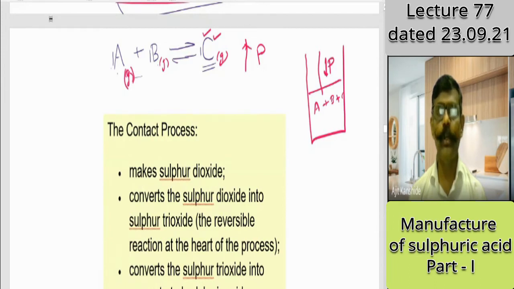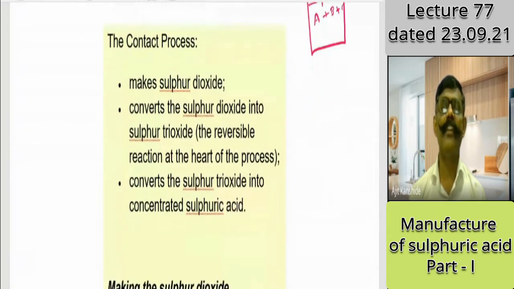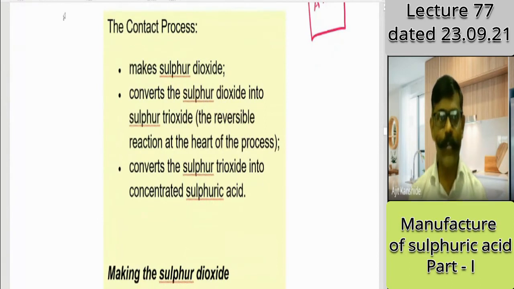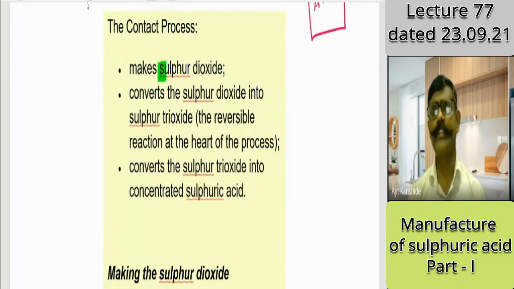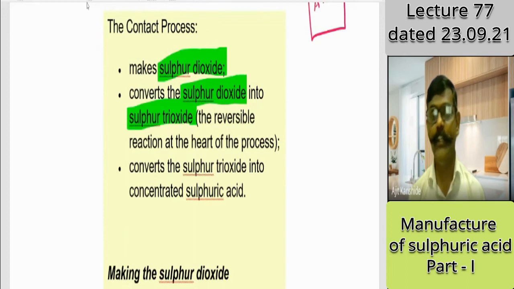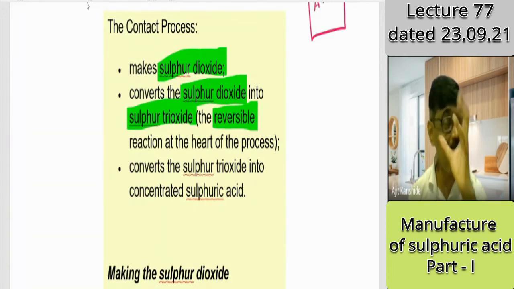I'm coming to the manufacture of sulfur trioxide, from which we get sulfuric acid by the contact process. What is this contact process? It produces sulfur dioxide first. Second, sulfur dioxide converts to sulfur trioxide, and here a reversible reaction is there, which is the main thing of this discussion.